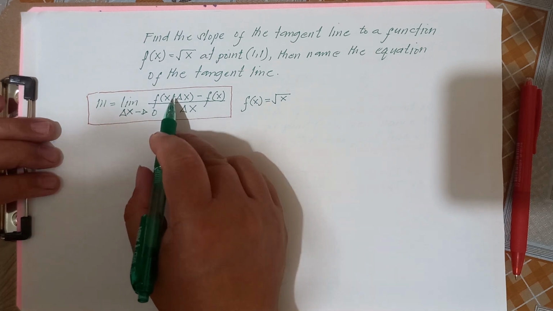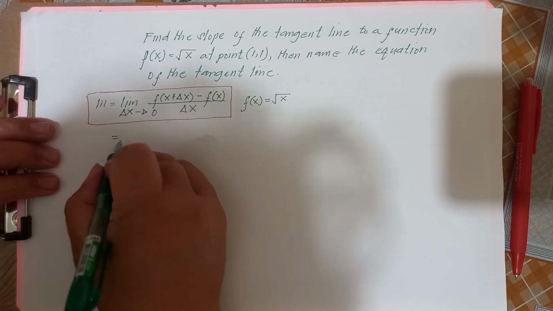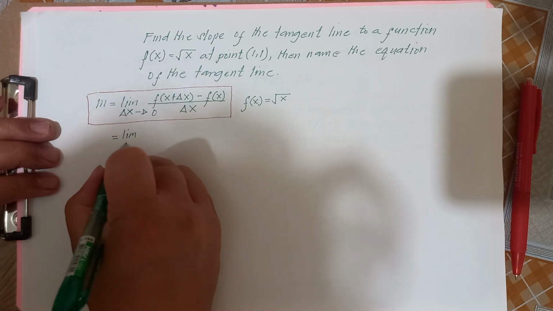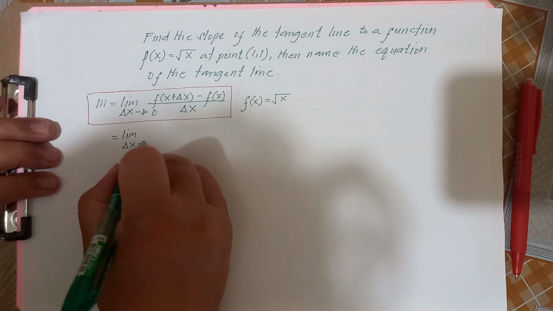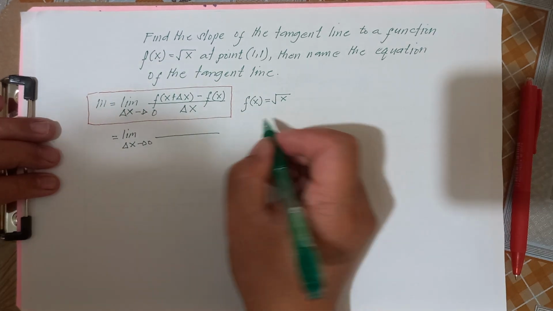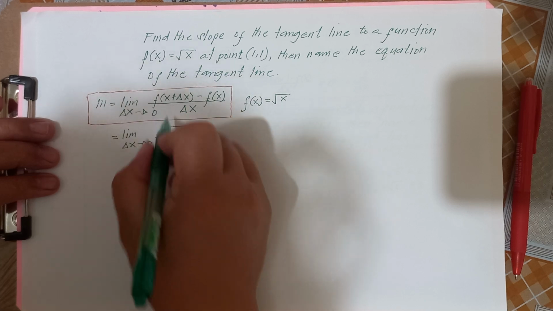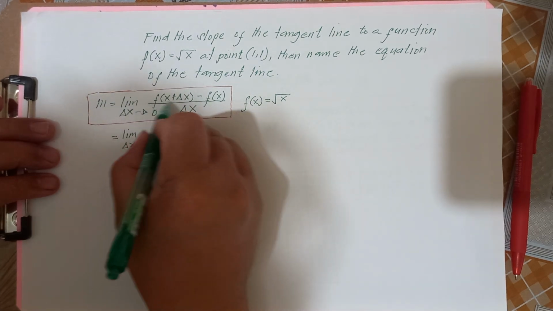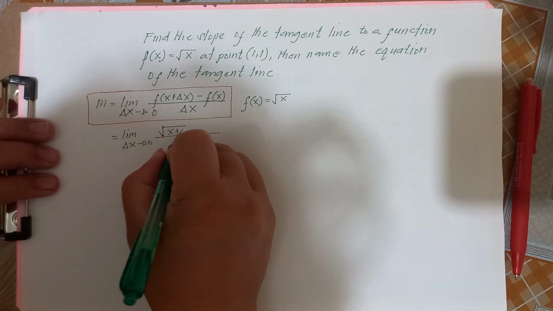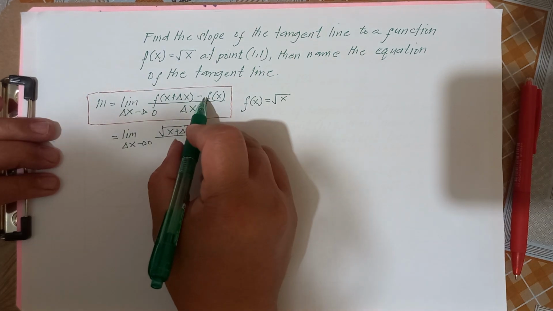So meaning to say, when we are going to have the equation, we say the limit as the change of x approaching 0 of the square root of x plus change of x, minus f of x.